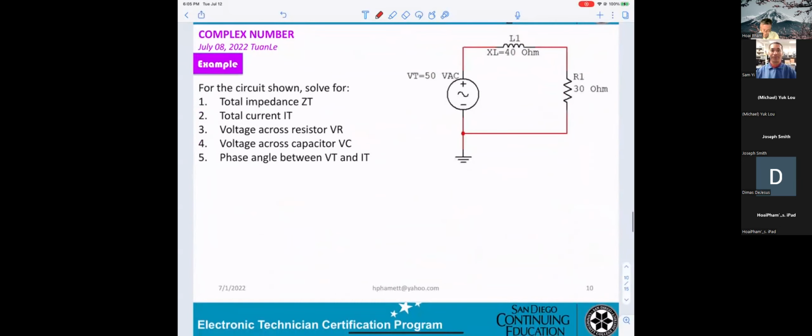Can you solve this for me quickly? Hopefully it will be much clearer for you. Now it's still series, but RL. First thing, you get the Z total.